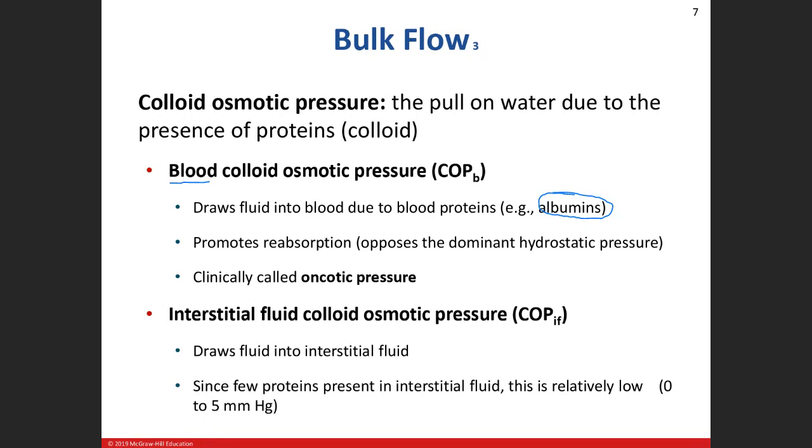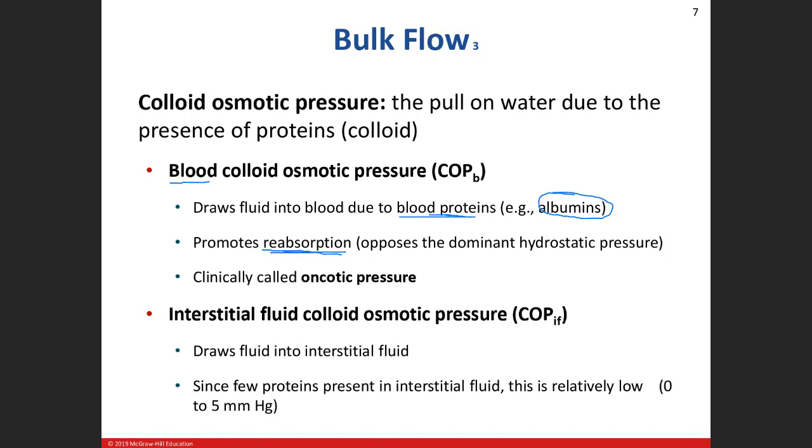Okay? So this is how the blood colloid osmotic pressure has to do with the amount of pull that the blood has from the tissues. That comes from our blood proteins. So therefore, it's going to promote reabsorption, pulling fluid into the blood vessel. Then the other part of it is the interstitial fluid colloid pressure.